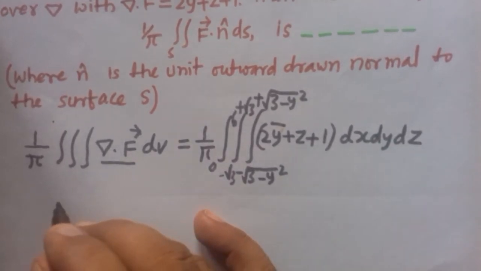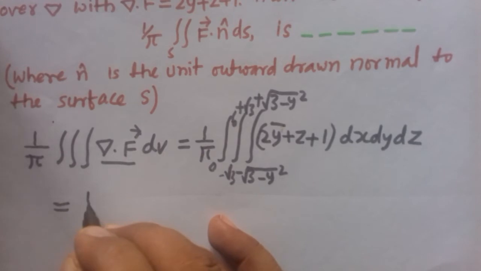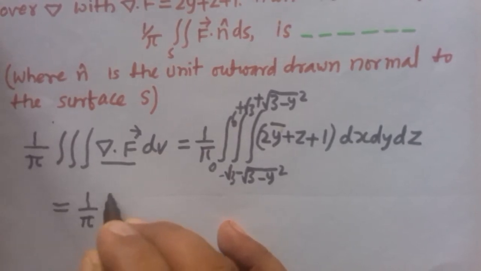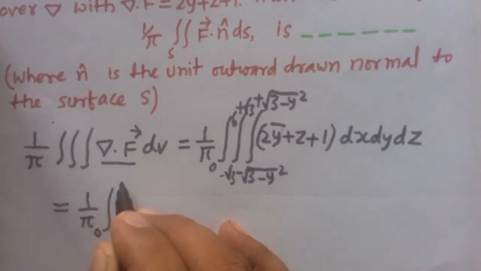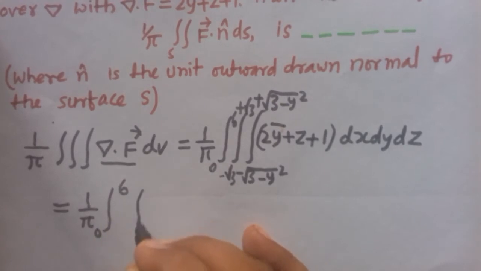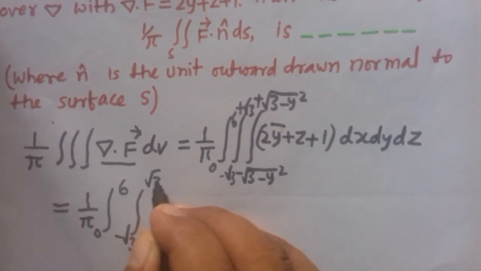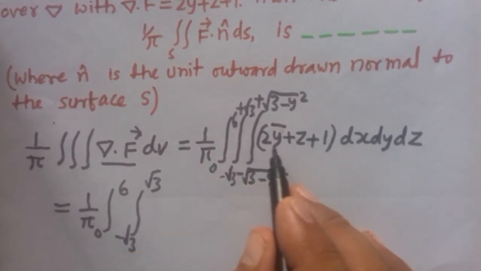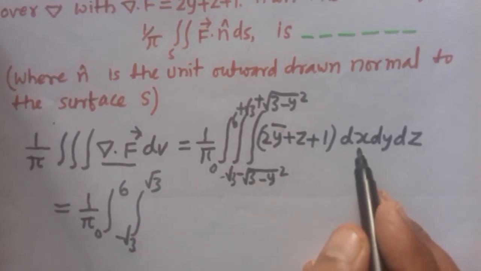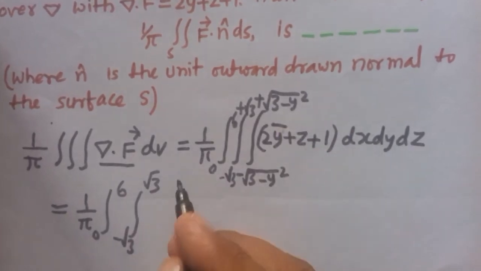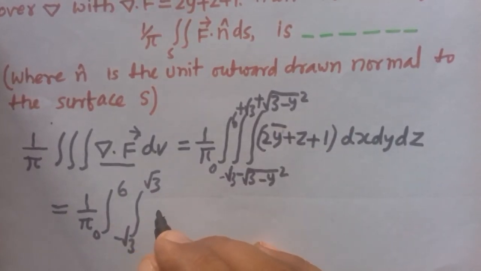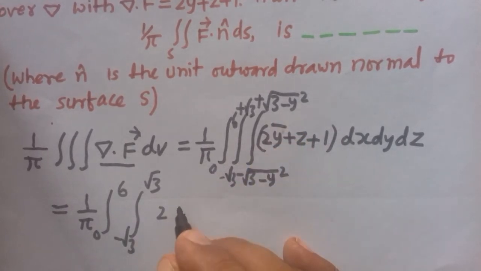Let us integrate with respect to x first. Here you see there is no x, so the integration of dx will be x, and putting the limits we have 2 into root of 3 minus y square.